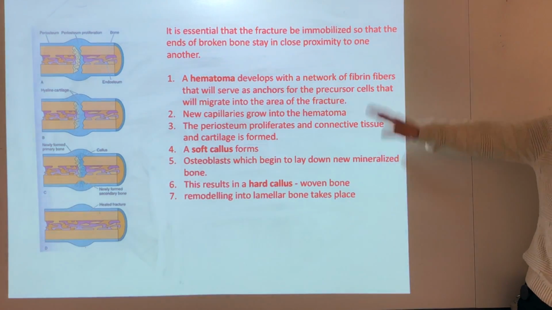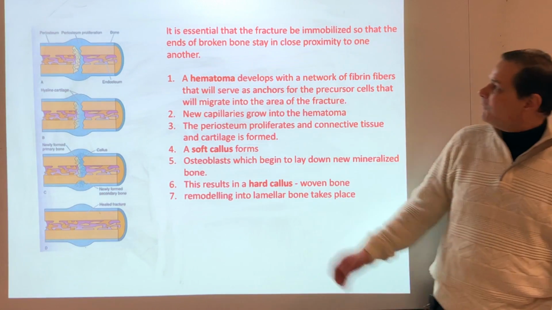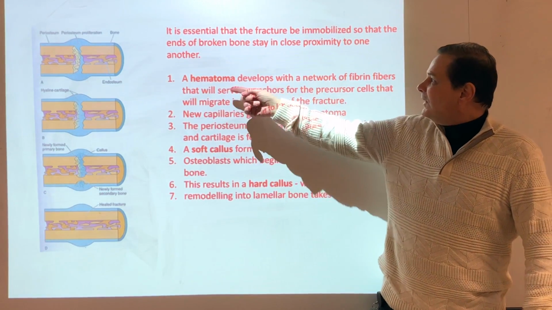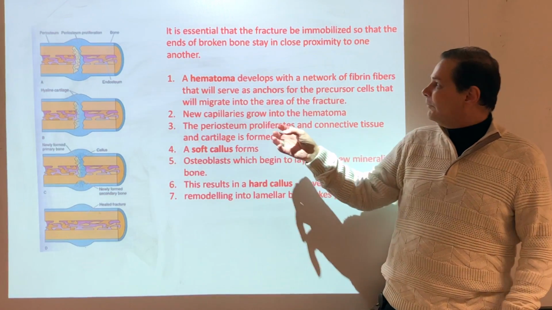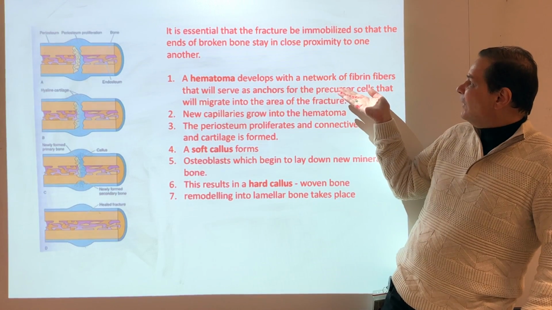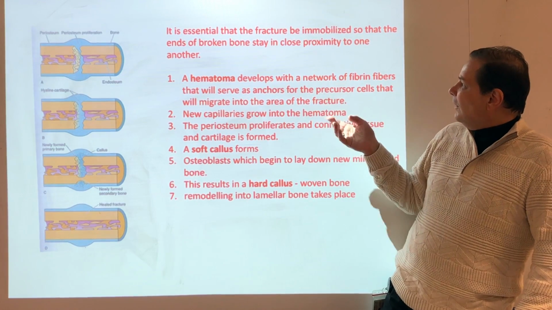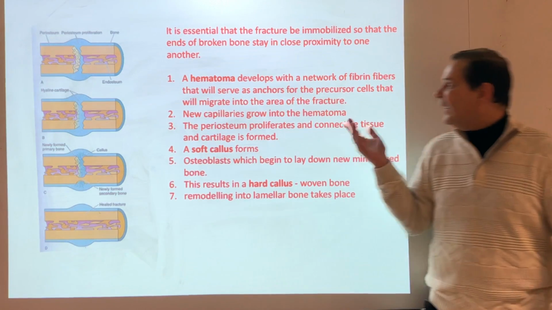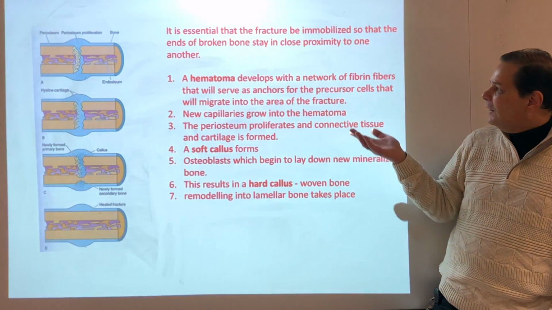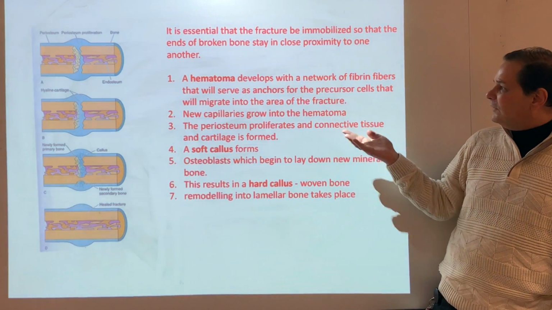So let's do the repair of bone really quick. First of all, the bone breaks, you hemorrhage into the area, and a hematoma develops where the bone is broken, okay? And that, naturally enough, forms a nice network of fiber where a clot forms. And those serve as the initial anchors for some of the precursor cells that are going to migrate into the area. You have new capillaries that grow in.